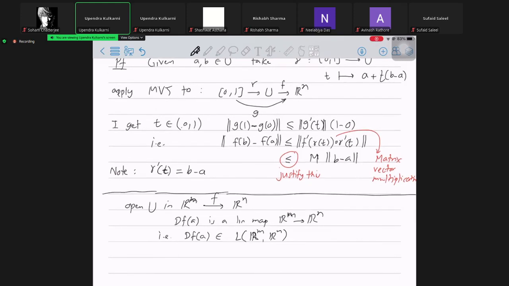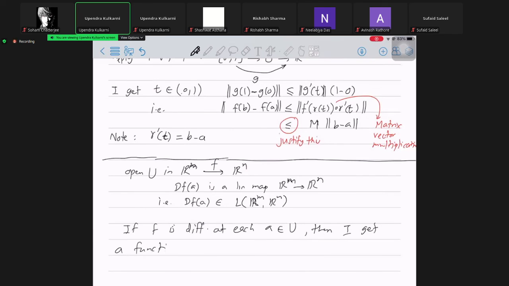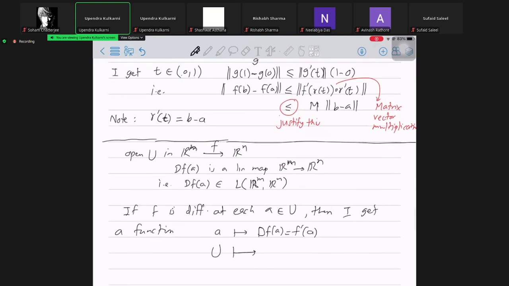But what I'm saying now is that if I let A vary, if f is differentiable at each A in U, then I get a function that takes A to df of A, which is the same as f prime of A. So this is a function from where to where? Well, A is in U, so this is a function from U. And what is the target?